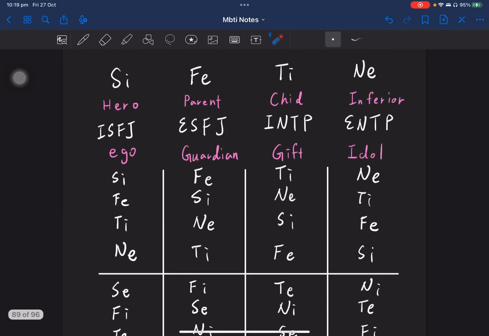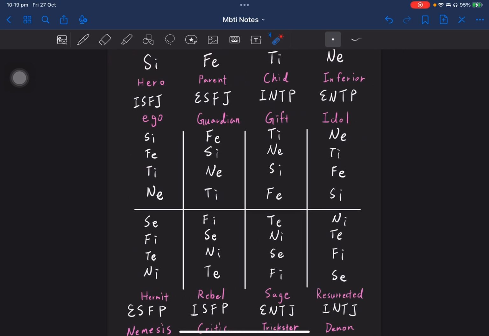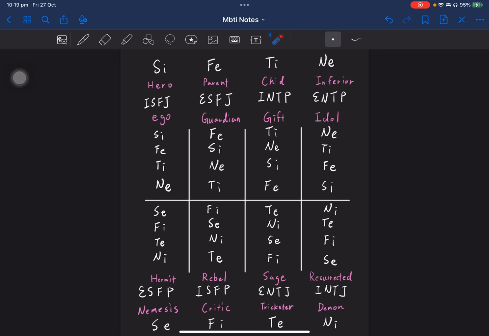And so now you have a complete 8 gates table. See, everything is logically deduced. I didn't make anything up. It's all just using your cognitive functions and pure TI logic.